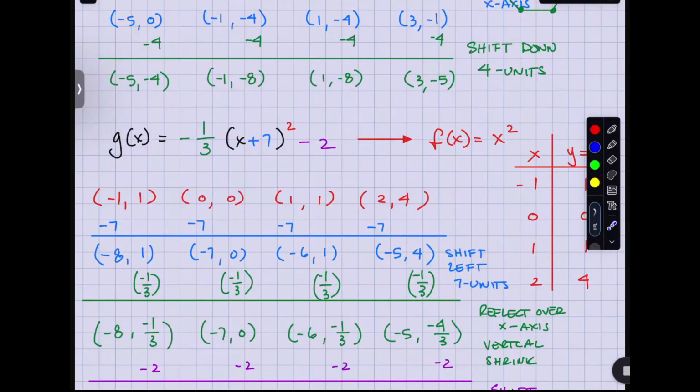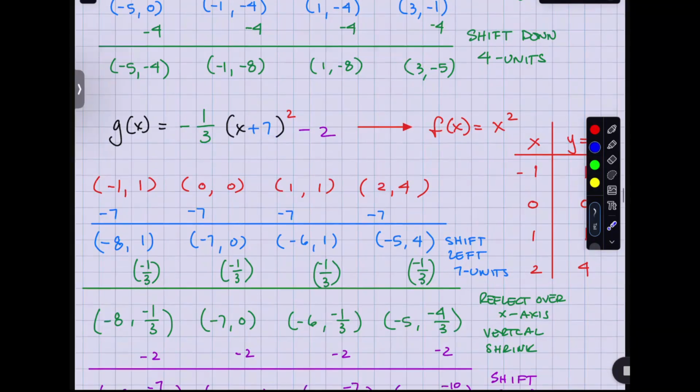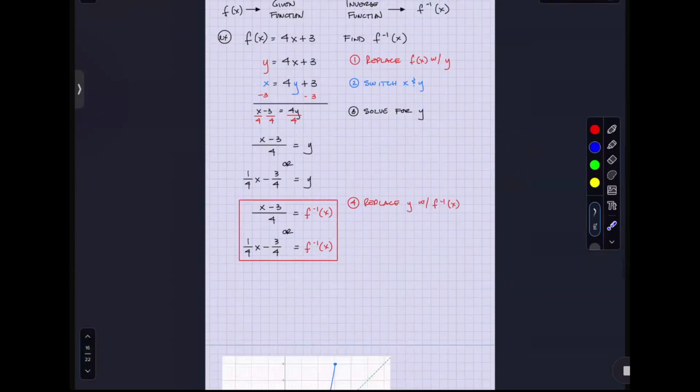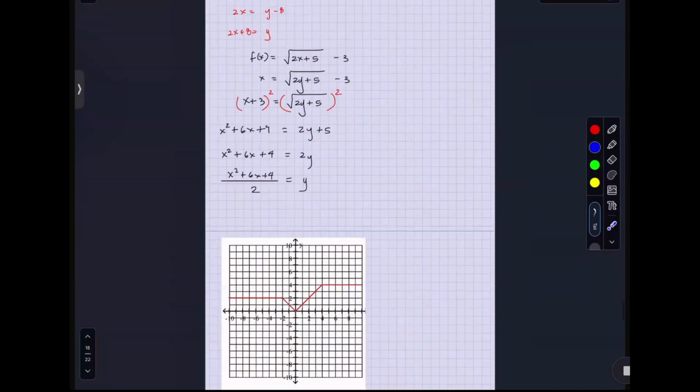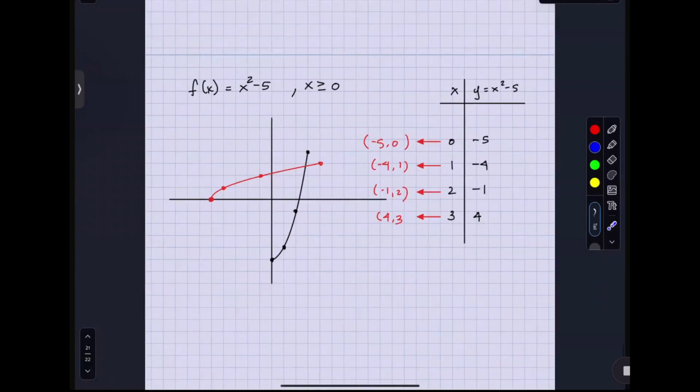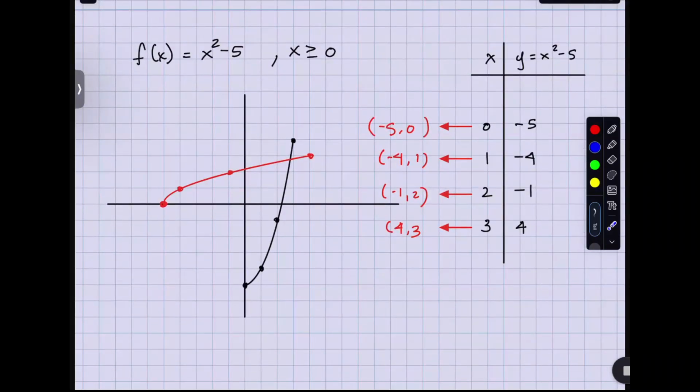I'll go, okay, I see the square, so the parent function is this, so I got those points, right? And then I go, okay, now I got to do all the rigmarole from there, which is kind of a pain. With inverse, however, notice that when it tells you to find inverse, it says f of x.